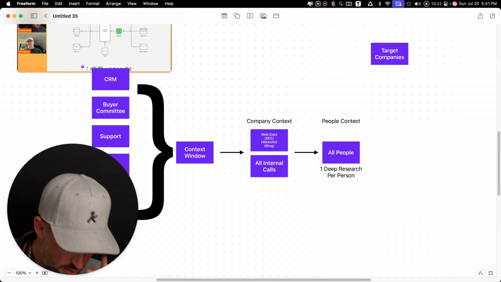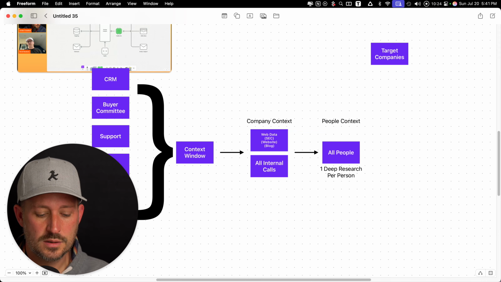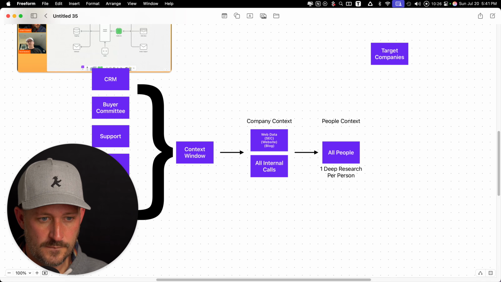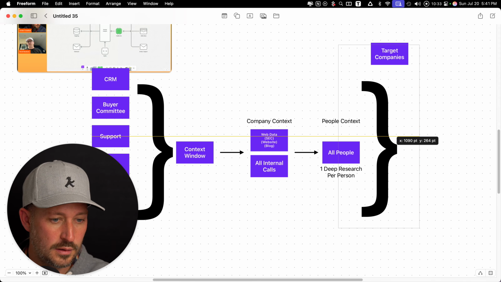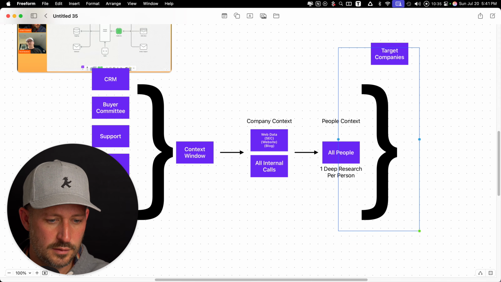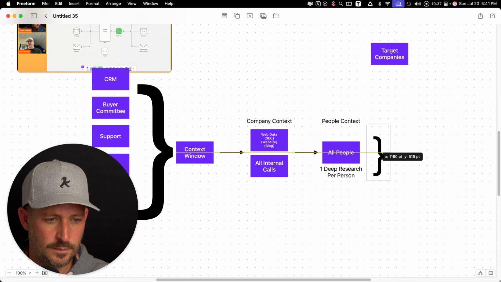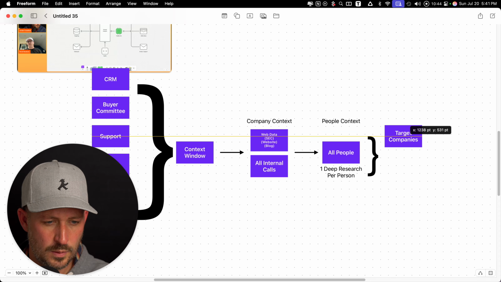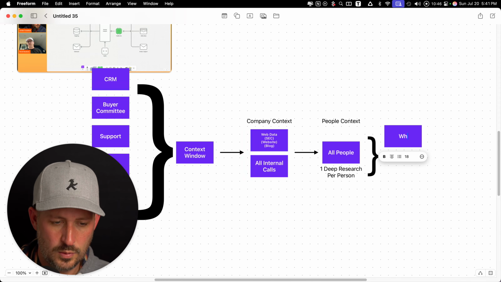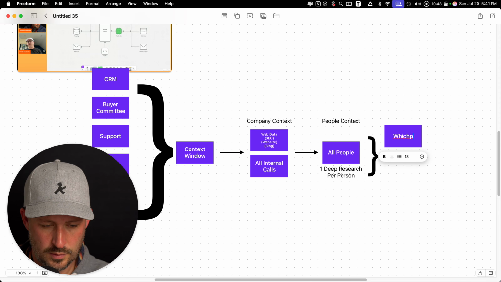Okay. I think the output is, let's make this smaller. Which people? Sales to target mapping.